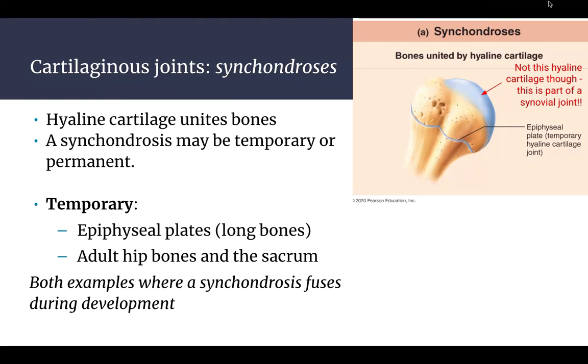Now, as you remember, often when we're looking at diagrams in textbooks, cartilage is shown in blue, and that's what we can see here on the bone end of the humerus, the bone in the upper arm where it joins the shoulder. So as you can see here, we have this blue layer of hyaline cartilage.